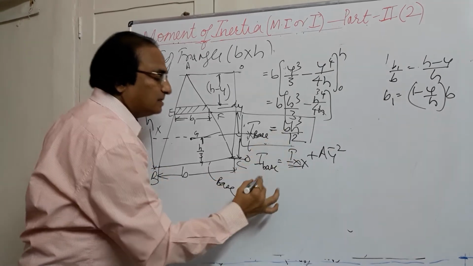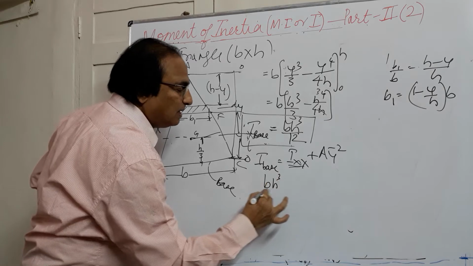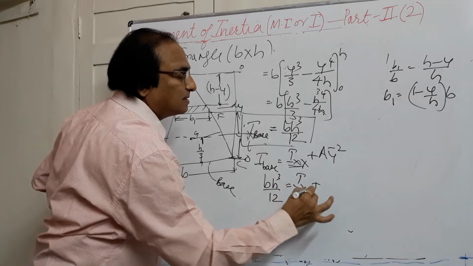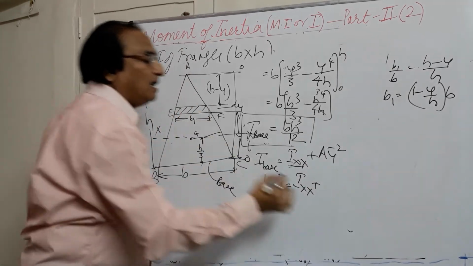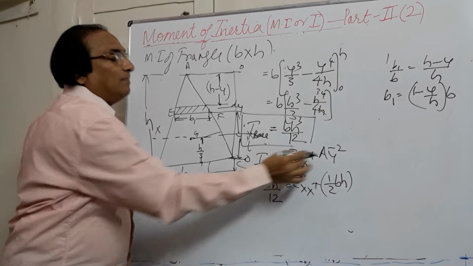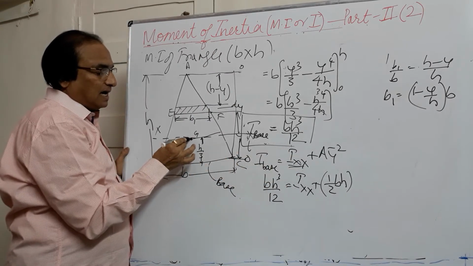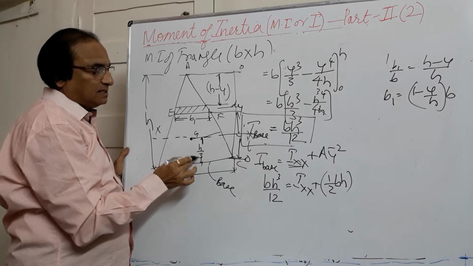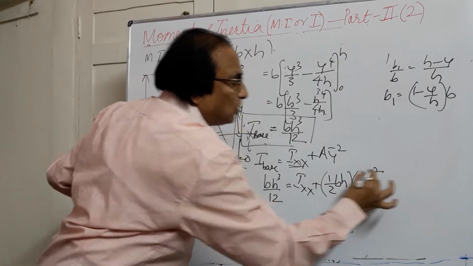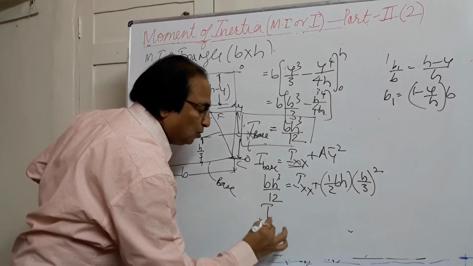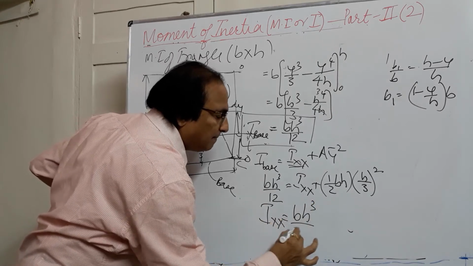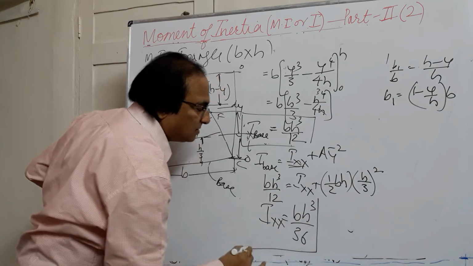We know I base, which is bh cube divided by 12, is equal to Ixx plus area. What is the area of a triangle? Half into base into height. Y bar is the distance of the centroid of the triangle from the base, and this distance is h by 3. So this will be h by 3 square. If you simplify this, you get Ixx is equal to bh cube by 36.